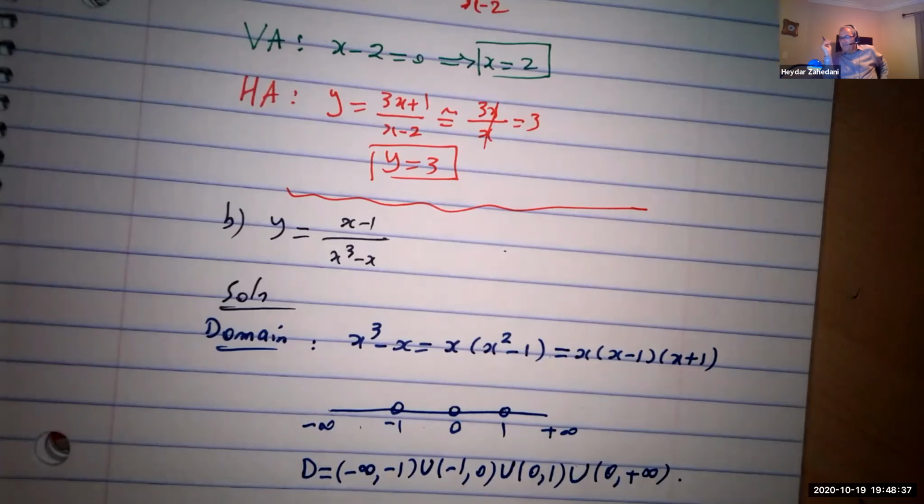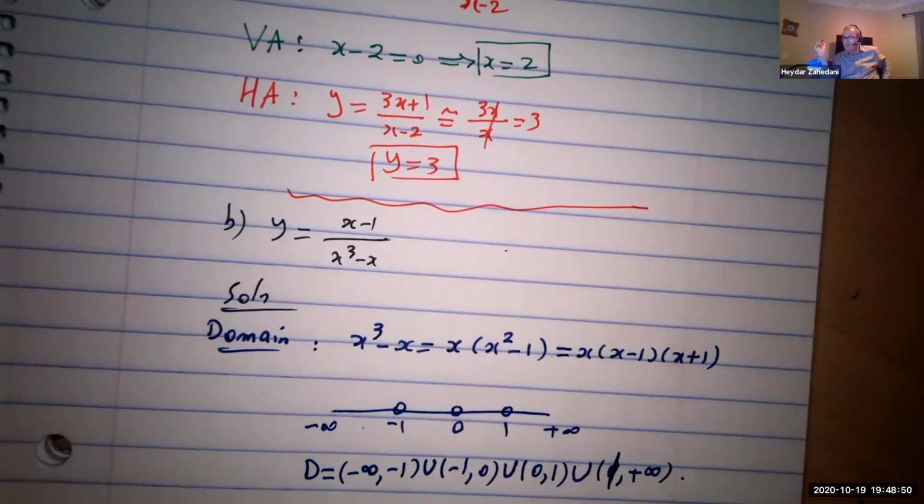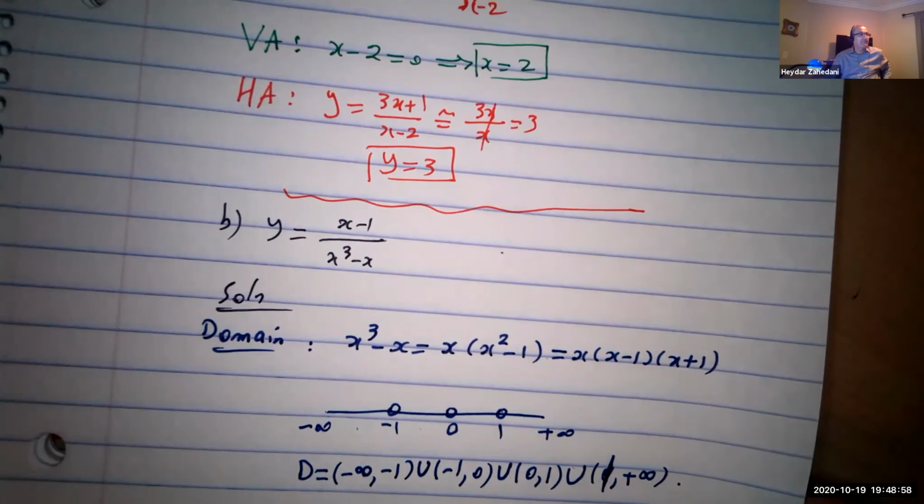Okay, we have 4 partitions in this case. Would it be 0 to infinity or 1 to infinity? Oh, you are right. It's 1 and infinity. Thank you. Very good. Okay, negative 1, yes. Any question? So that is the first part.